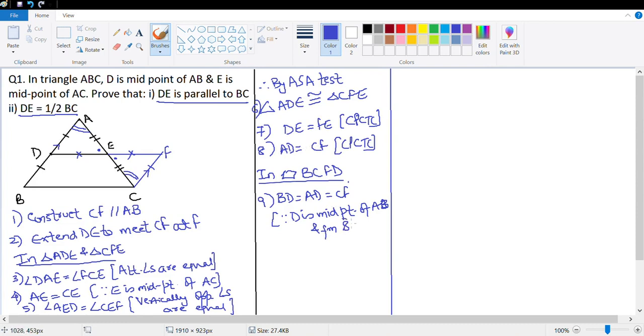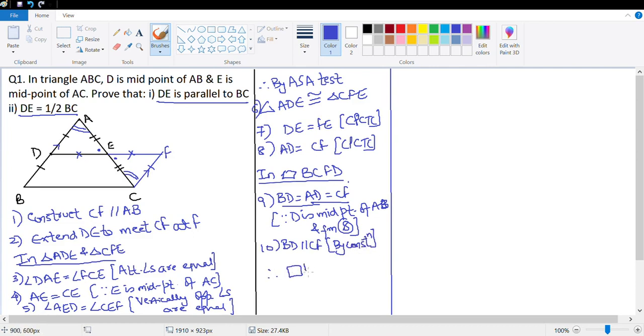From 8. So since AD is equal to CF and BD is equal to AD, therefore BD, AD and CF are equal. And number 10, BD is parallel to CF. This is by construction. We've constructed it in that manner.